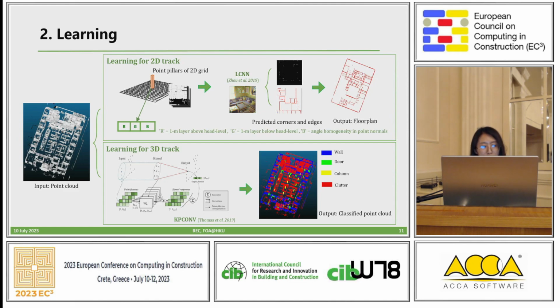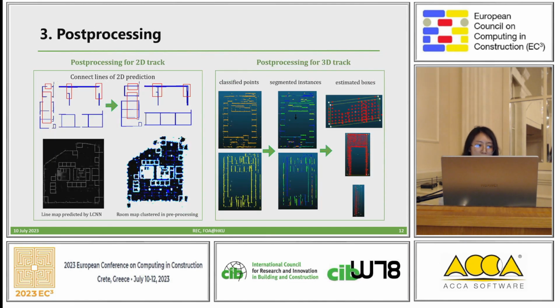For the 3D track, we use KPConv, proposed in 2019, which is a state-of-the-art DNN for 3D semantic segmentation. We segment the point cloud into four types: walls, doors, columns, and clutter. After that, the 2D prediction of lines has some missing parts, and some walls don't connect to each other.